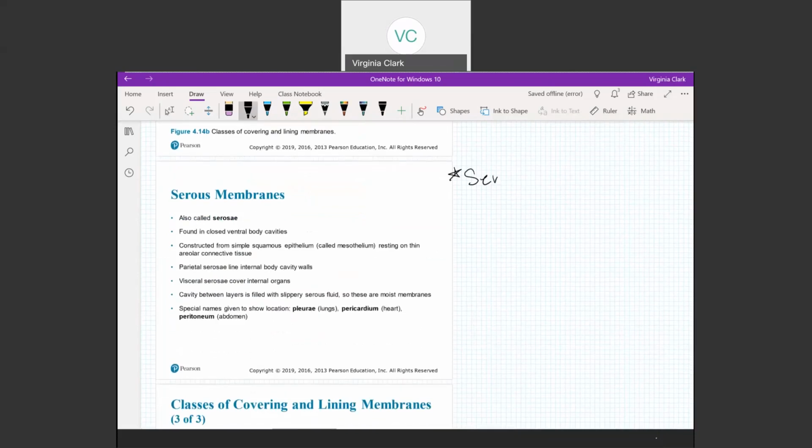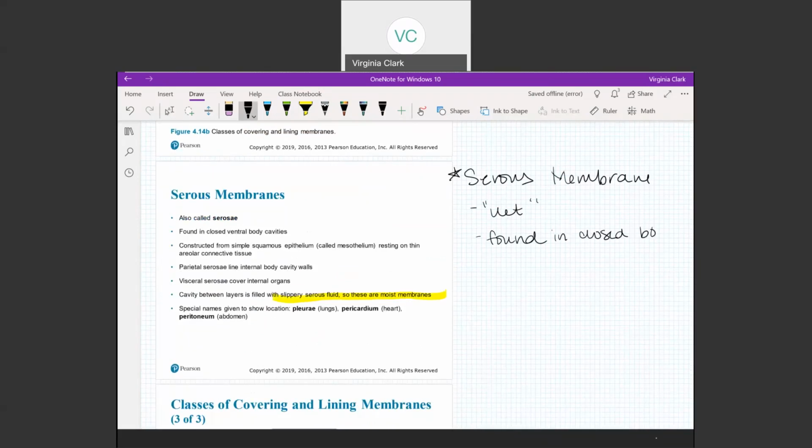A serous membrane is also a moist membrane. So this will also be found in areas with a slippery serous fluid. So it will also be a wet type membrane. And this is going to be found in closed body cavities, usually on the ventral side.